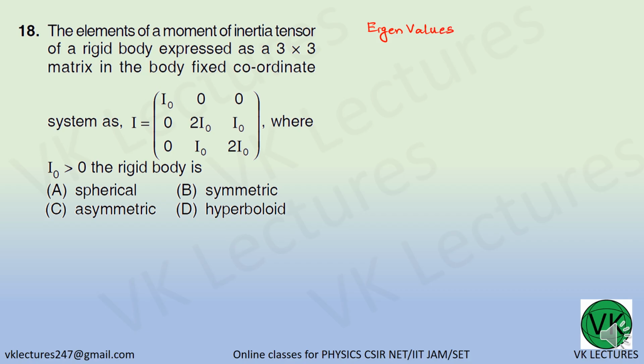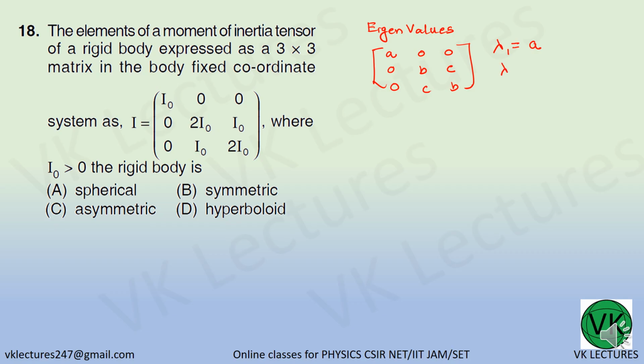Eigenvalues for a matrix similar to this, A 0 0, 0 B C, 0 C B. The eigenvalues are: lambda 1 equal to A, so the first eigenvalue is the first element.